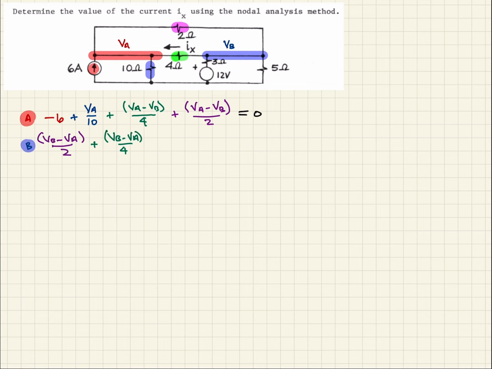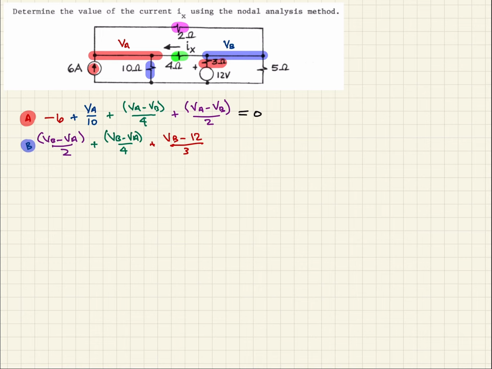All right, and so next we're going to have this 3 ohm resistor right here. When we characterize that, that's going to be VB minus 12 volts, because we have that 12 volt source, over the 3 ohm resistor.